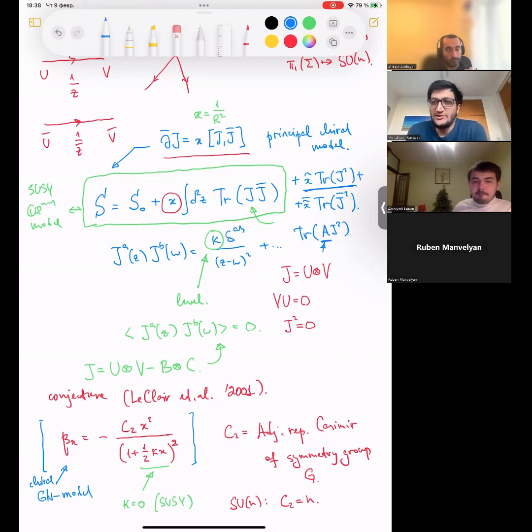And coming back to this J squared not being 0, this reminds me of something from a completely different direction. One can think of the quantization of the nilpotent orbits. They correspond to higher spin algebras.